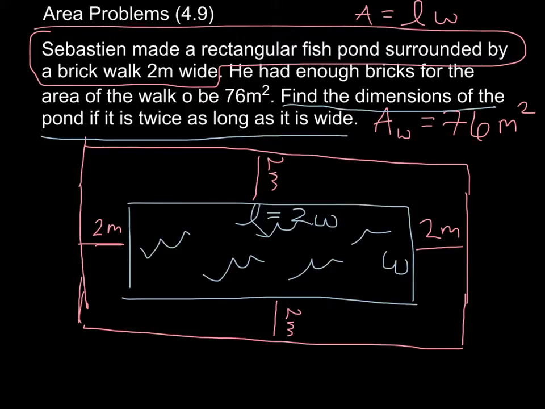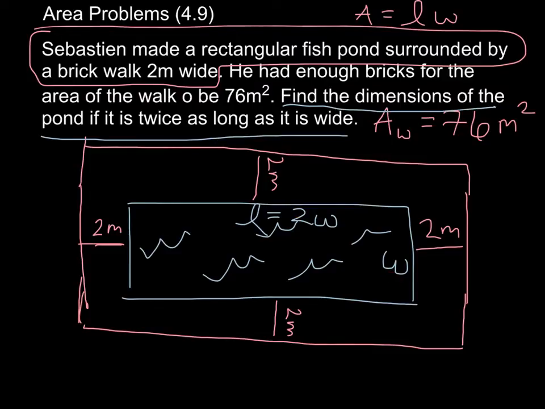So now I'm going to think to myself, my goal is to find the dimensions of the pond. And the information that they give me is that I know the area of this bit out here. I know how wide the sidewalk is, and I have an expression for how the length and the width in here are related.